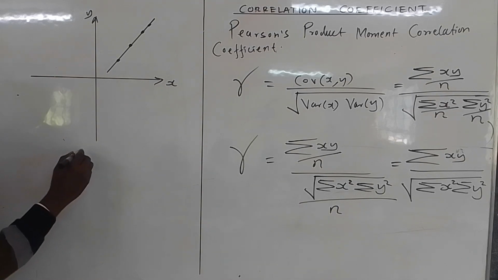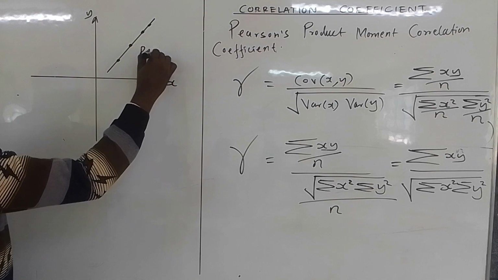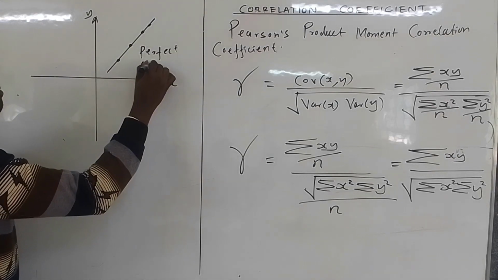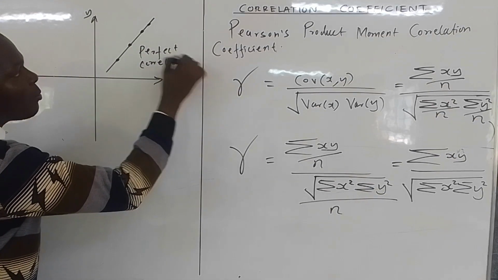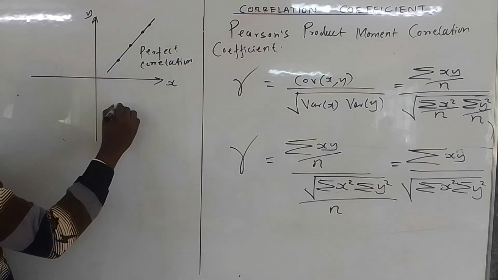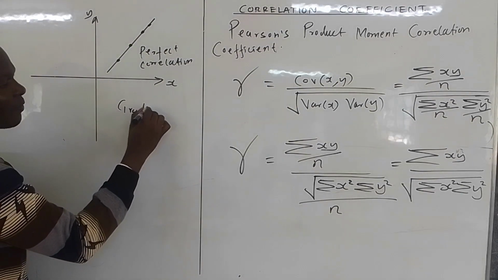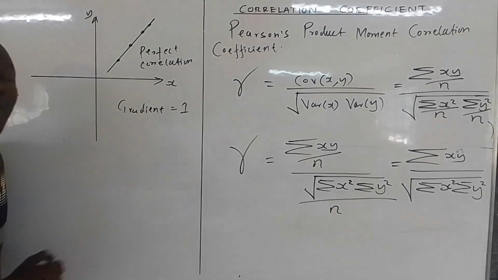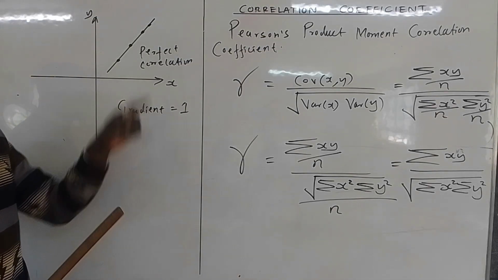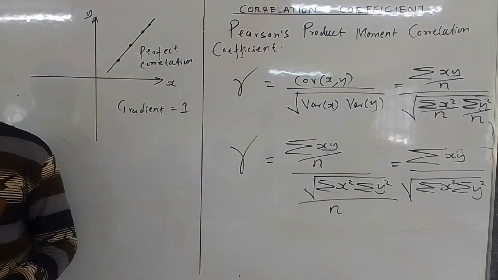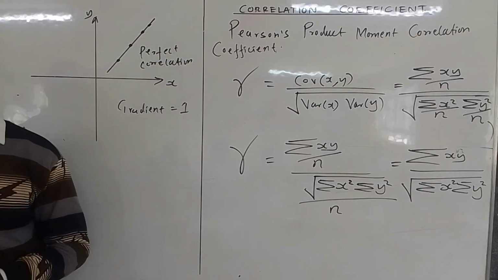So we say that there is a perfect correlation. And if all points lie on the straight line, it means the gradient will be what? The gradient will either be positive 1 or negative 1, because all the points are on the straight line, isn't it?